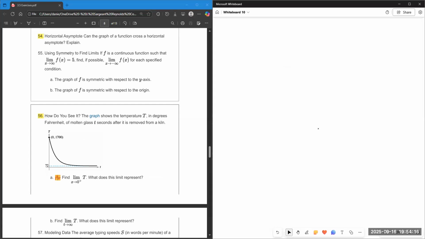Yes. So the graph shows the temperature, capital T, in degrees Fahrenheit of molten glass, lowercase t seconds after it is removed from the kiln. So as the limit as t approaches 0 from the right, to get close to the starting point right here, what does that limit represent? That would be the temperature of the kiln.